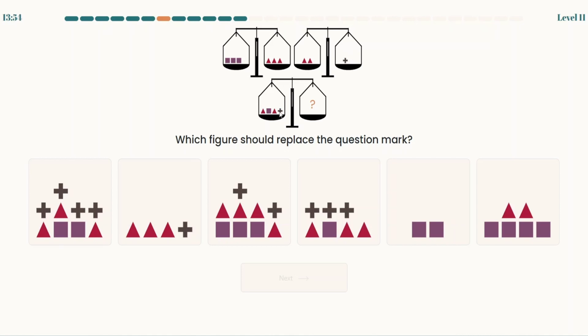So 1 plus mark, that means that we can have 5 shapes that are either squares or triangles. So is there any 5 shapes? Nope, there is no 5 shapes. So we can remove 2 of them. Is there 4 shapes? Yes. Here we have 4 shapes. 3 of them are square triangle and 1 is a plus mark.